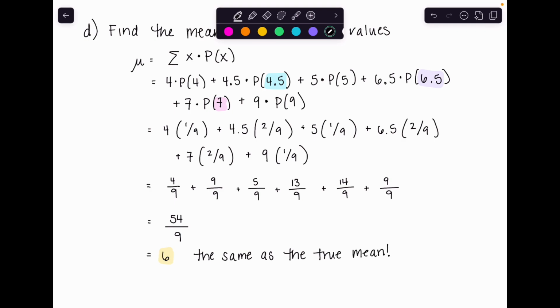So again, this is really to show you that when you take the mean of these samples, it ends up being the actual mean of the population. And that's going to be true when you do this with a lot of data values. So the more samples you take, the better the estimate is.